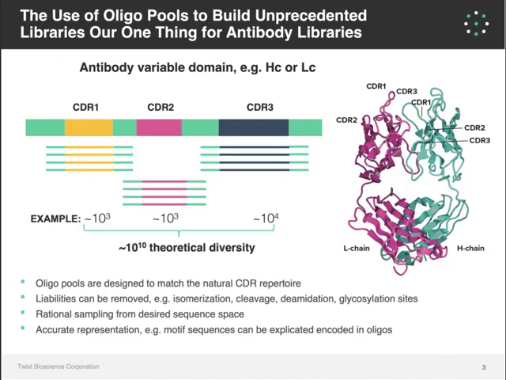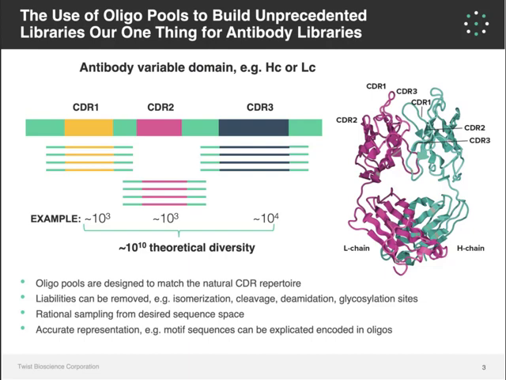We can take those large pools of oligos, and if you think about an antibody domain, either a heavy chain or a light chain domain, it's basically a collection of 3 different CDR loops in a single germline framework, for example. We can make individual pools of oligos that encode for diversity and then stitch those pools together to make a hypervariable, either heavy chain or light chain domain.